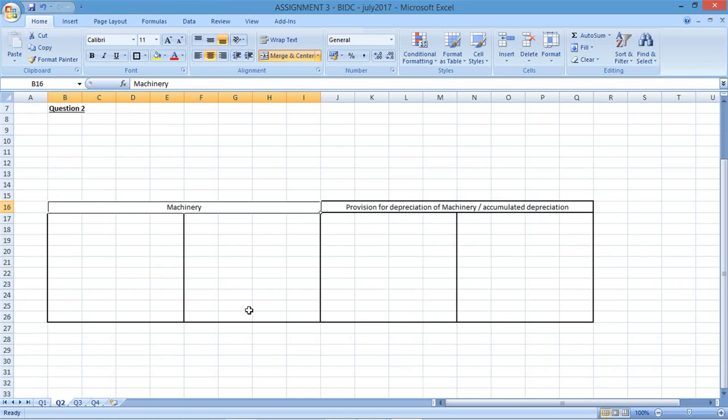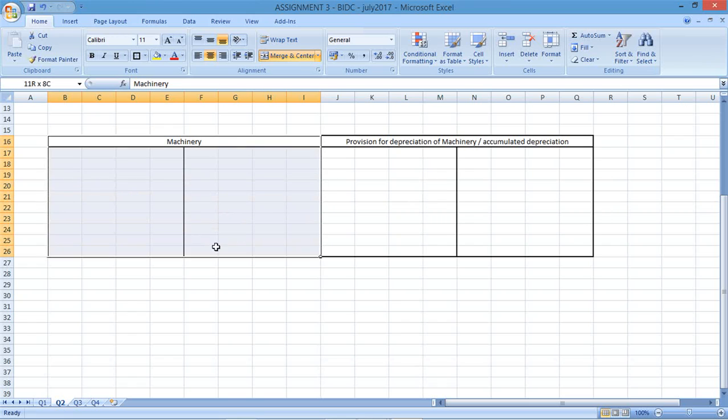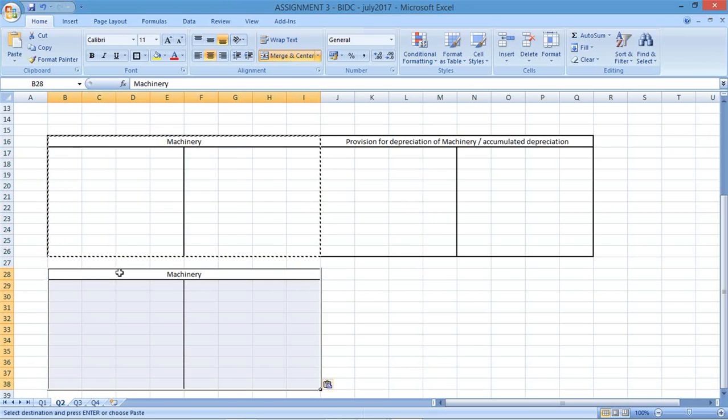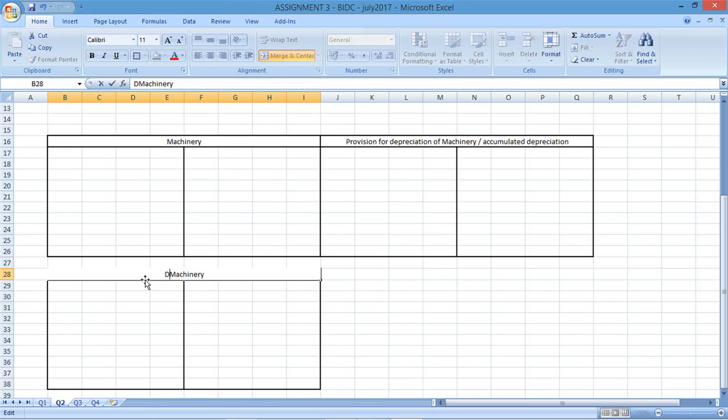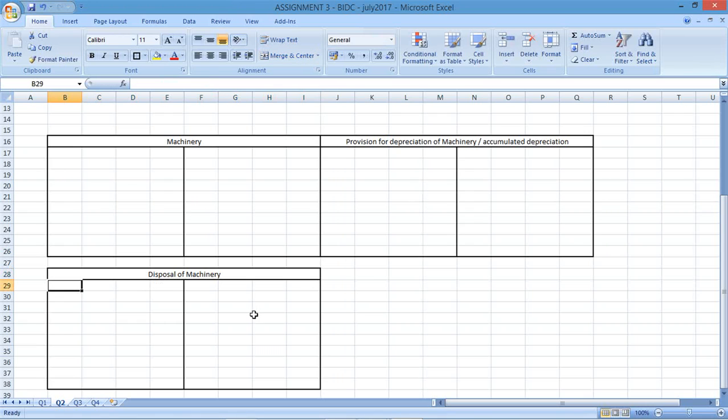Then they want the disposal of machinery T account, which is a working account. It doesn't have an element. Disposal of machinery. Perfect. So those are the 3 accounts they want for A. Then obviously the extract a bit later with financial position, and then we've got C, which is a theory question, which we'll look at just now.